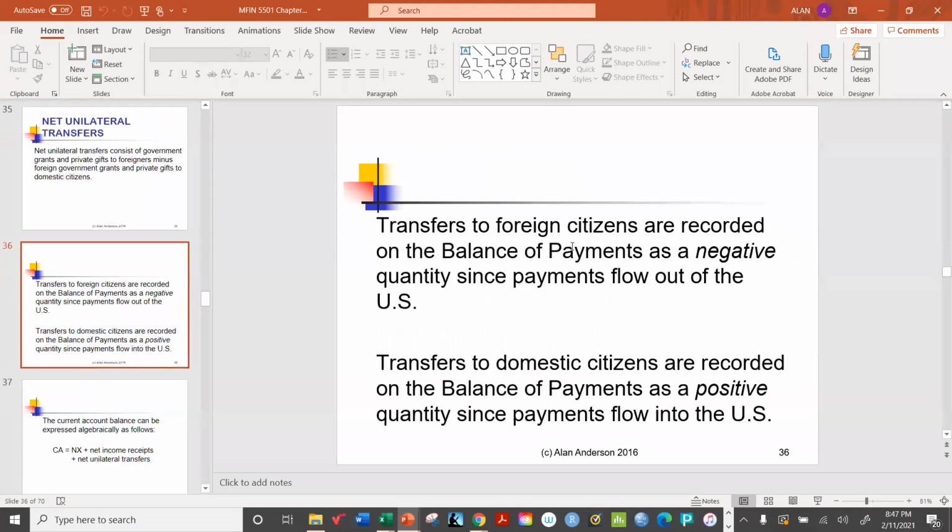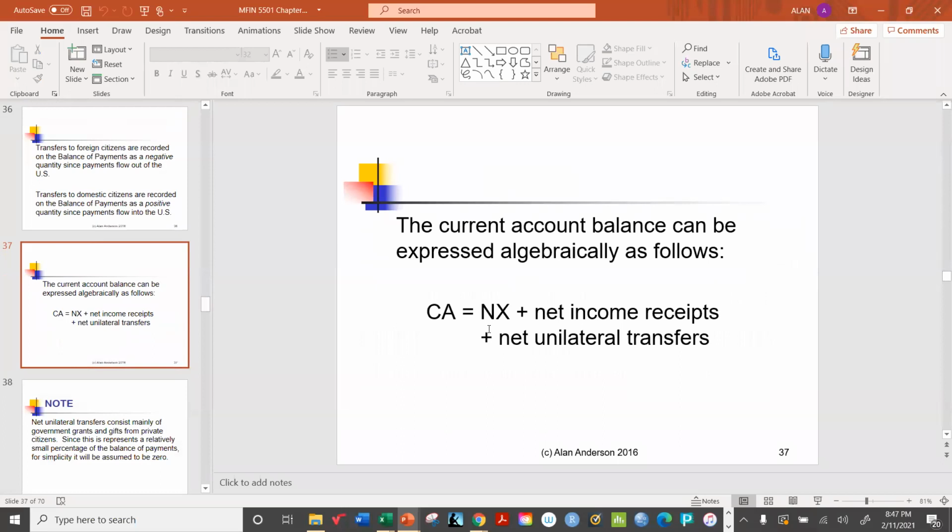Okay, let's jump ahead a little bit here. Now, the current account balance, as we just mentioned, equals net exports plus our net income receipts plus the net unilateral transfers.